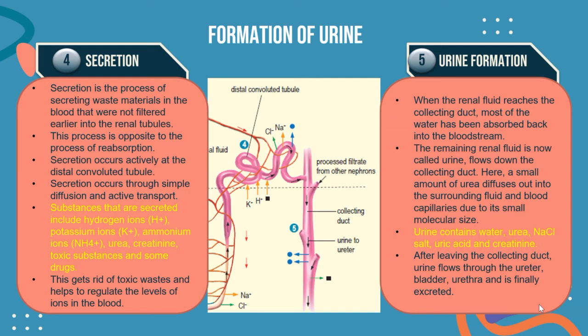The second process is reabsorption, which occurs at the proximal convoluted tubule, the loop of Henle, and the distal convoluted tubule, which we can call the renal tubule. The third process is secretion, which occurs at the distal convoluted tubule.